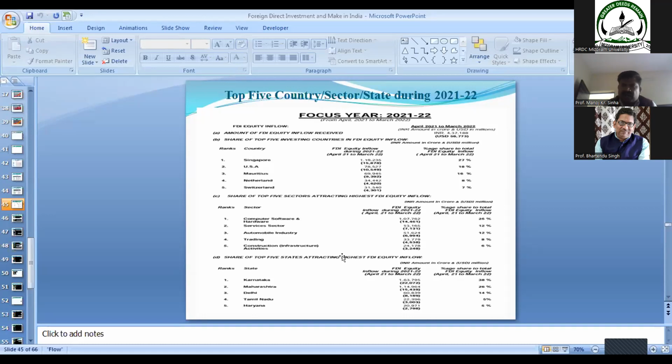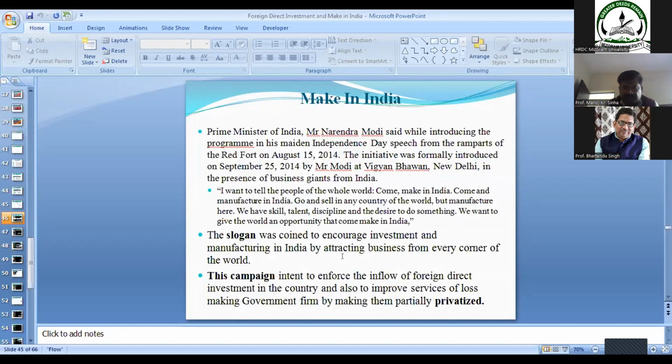The share of FDI inflow in these states is almost insignificant or negligible. Most of the FDI inflow in India is concentrated in Karnataka, Maharashtra, Delhi, Tamil Nadu, Haryana. These are the prominent states getting a larger share of FDI inflow in India.